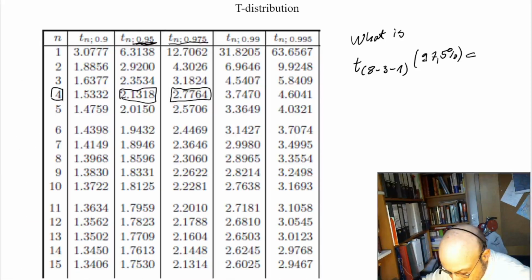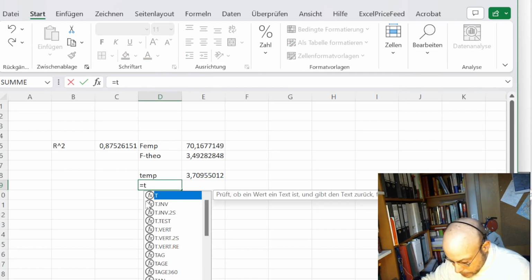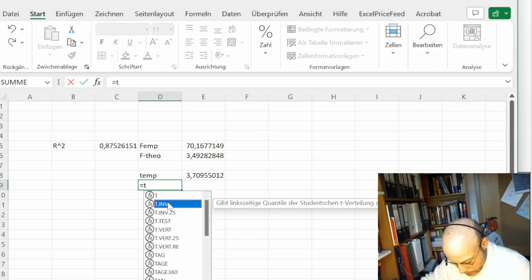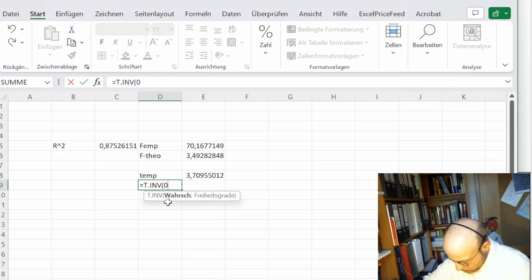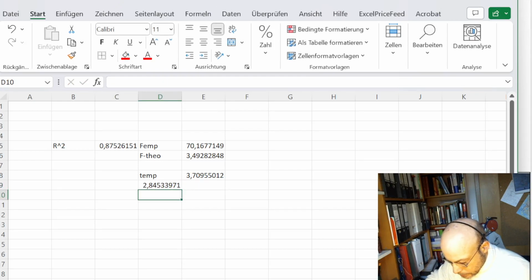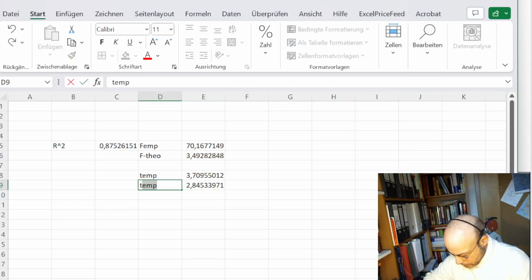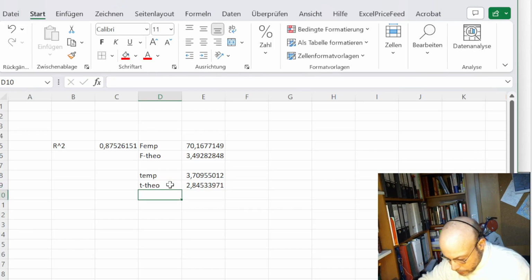This is the t value, and also I need here a 20. So then let's calculate this here with the t distribution of 0.995 and 20. So the theoretical value would be 2.84.